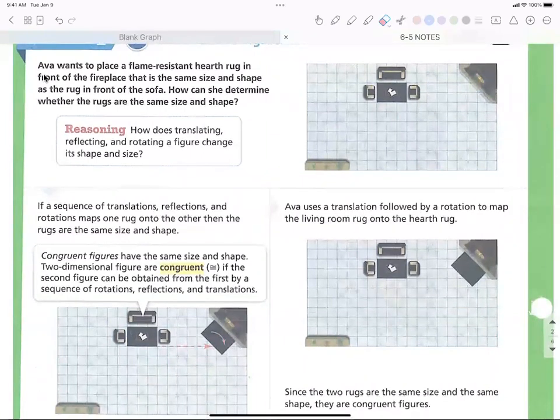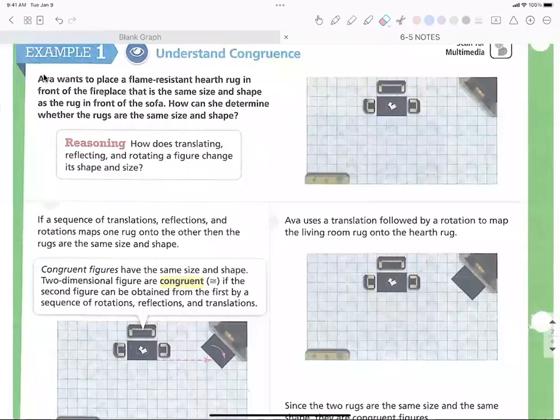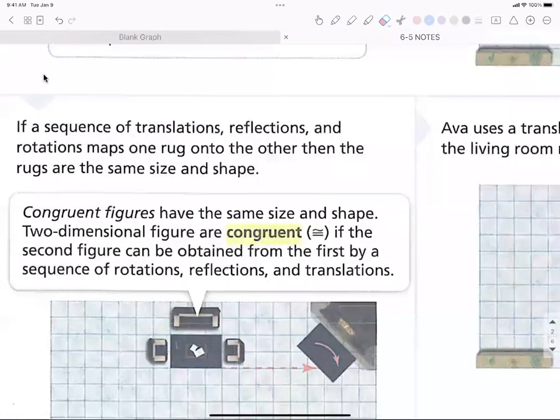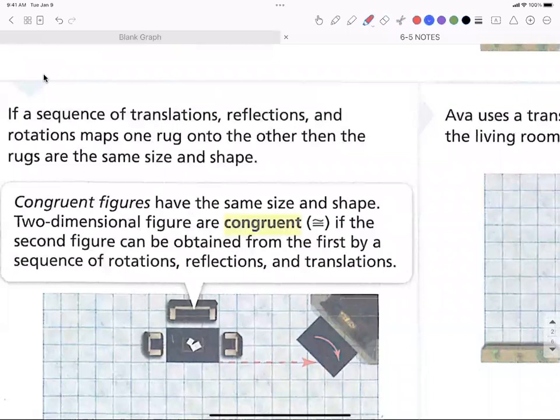All right, the first thing I want you to highlight underneath example 1 is in this box right here. I want you to highlight the sentence, congruent figures have the same size and shape. And then if you see this little symbol right here, that also means congruent, the little equal sign with the squiggly line up top.